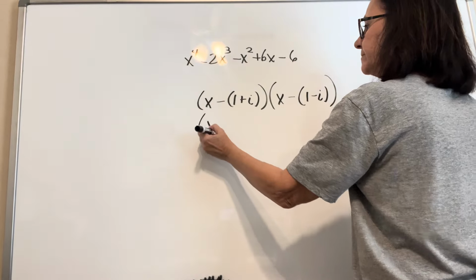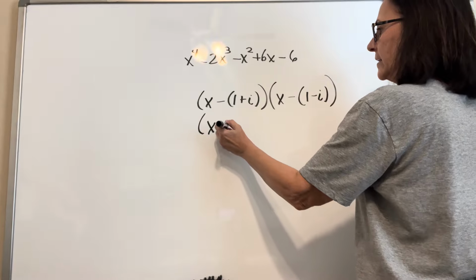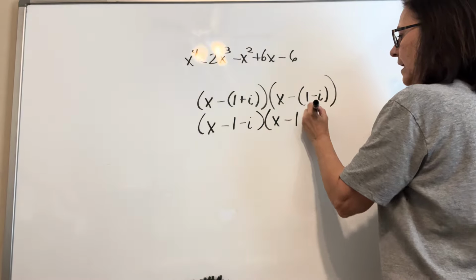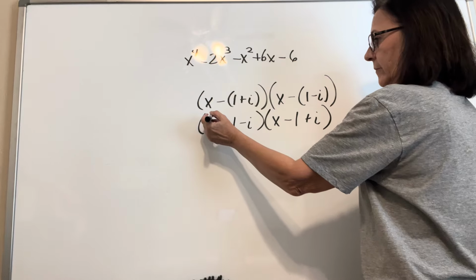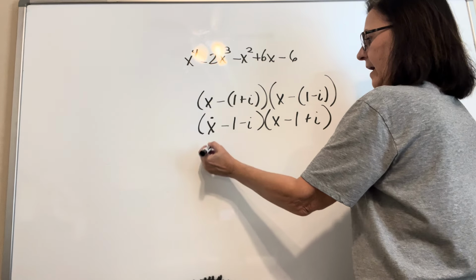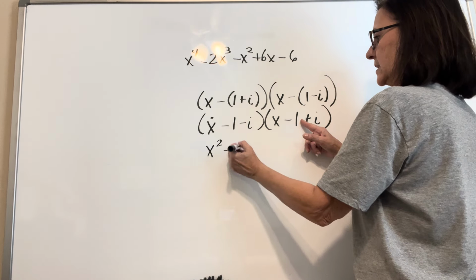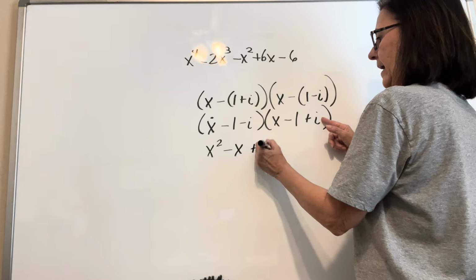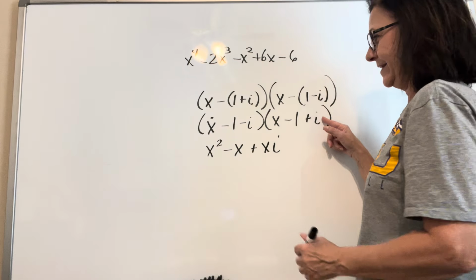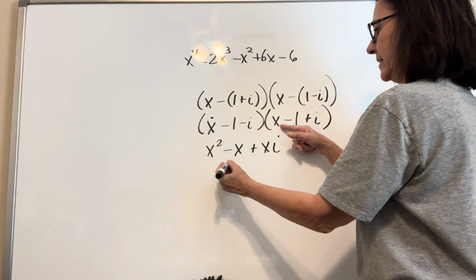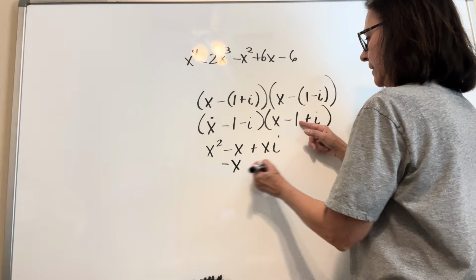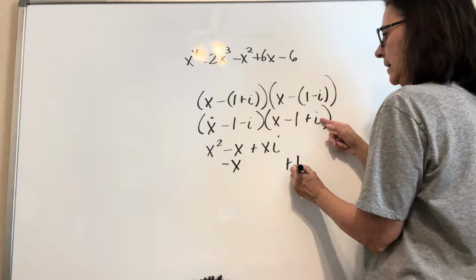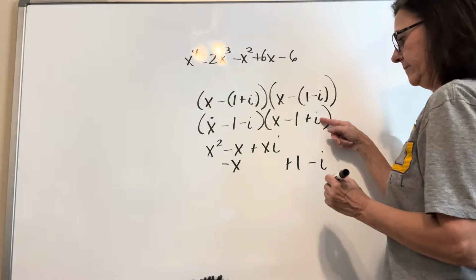All right, so I'm going to multiply those. First, I will eliminate the parentheses on the inside. It's x minus 1 minus i, x minus 1 plus i. Now distribute. I'm going to distribute the x first. I have x squared minus x plus xi. I'm going to write these under each other, so this is going to be minus x, another minus x, plus 1, and minus i.